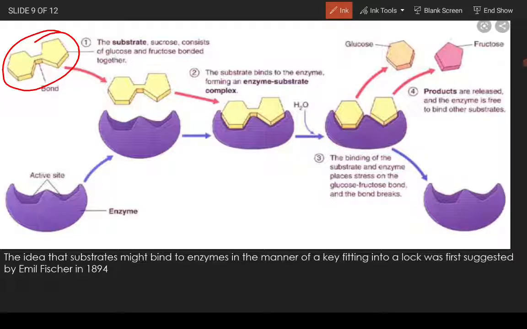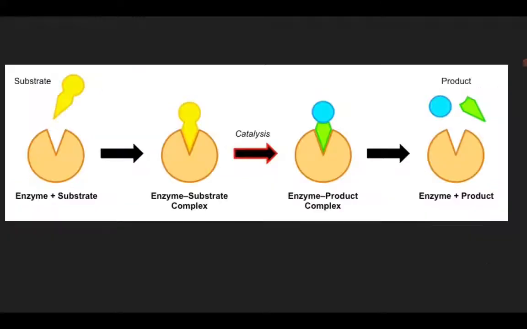Like the key fits into the lock and is very specific, only the key to that lock will fit into that active site. For example, if this is the key and this is the lock, the enzyme is the lock, and the key or the substrate fits into the active site of the lock or the enzyme, and only then could the reaction occur. So this is known as the lock and key model of enzyme activity.